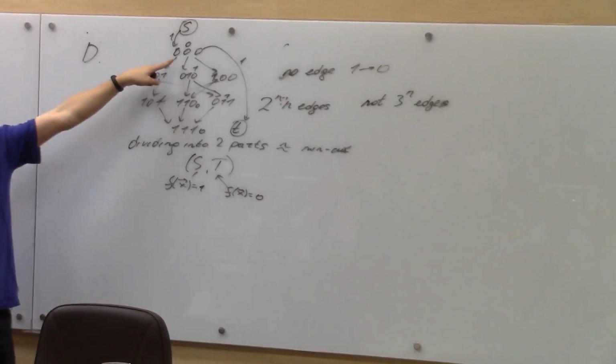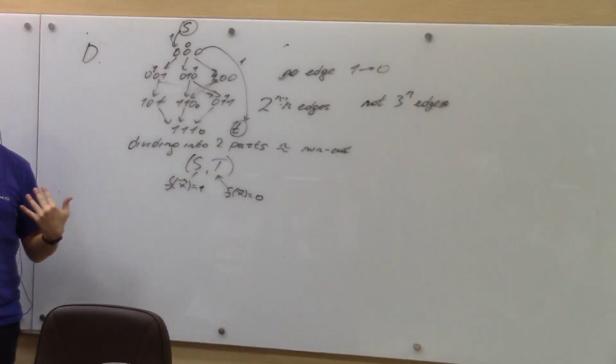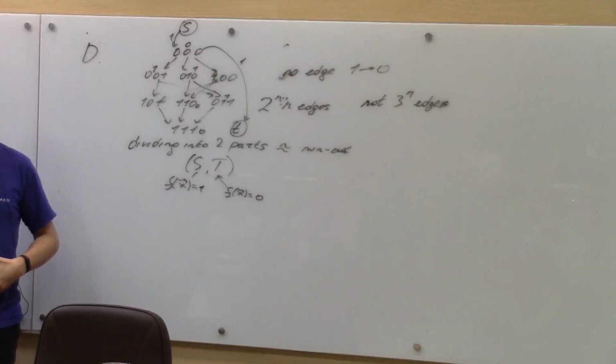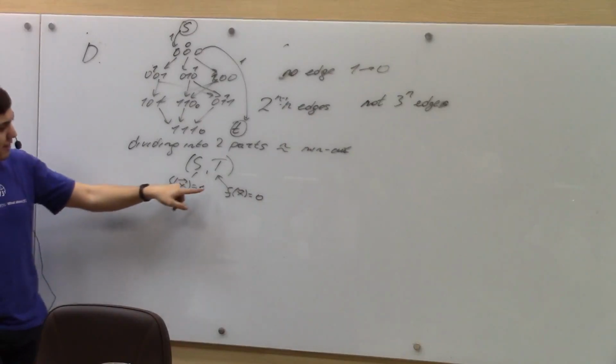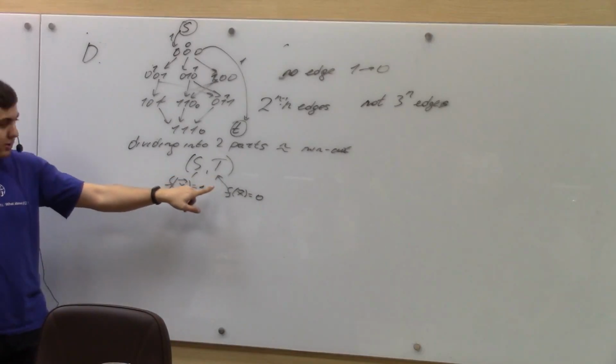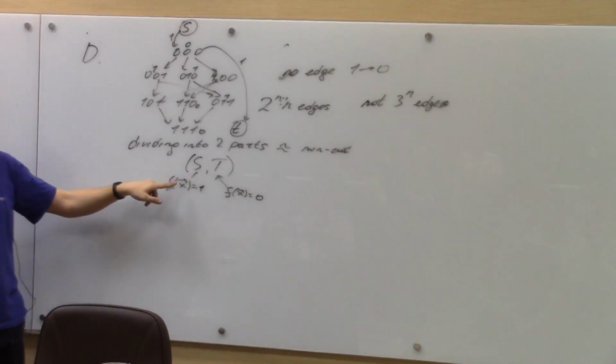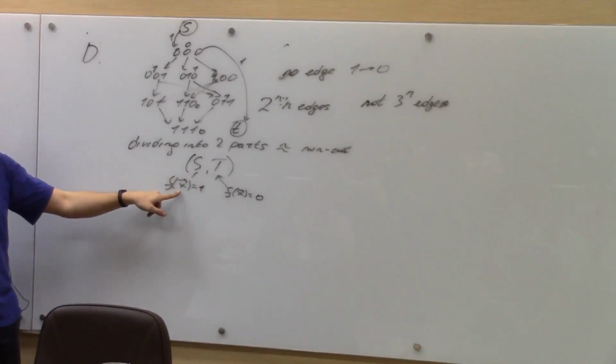So if this is already 0, the cost to redefine it to 0 is 0, and there is a cost 1 to make it 1. Okay, so basically the cost of including it into set T is 0, and the cost to include it into set 1 is 1.